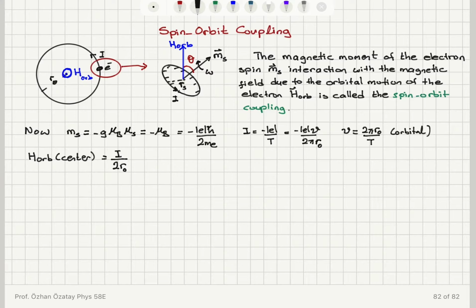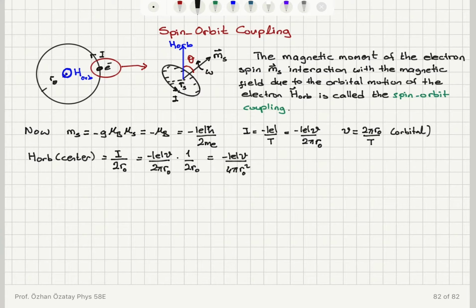Since the current is minus e v divided by 2 pi r_0, and we have a factor 1 over 2 r_0 here for the orbit radius, this would be equal to minus e v divided by 4 pi r_0 squared.